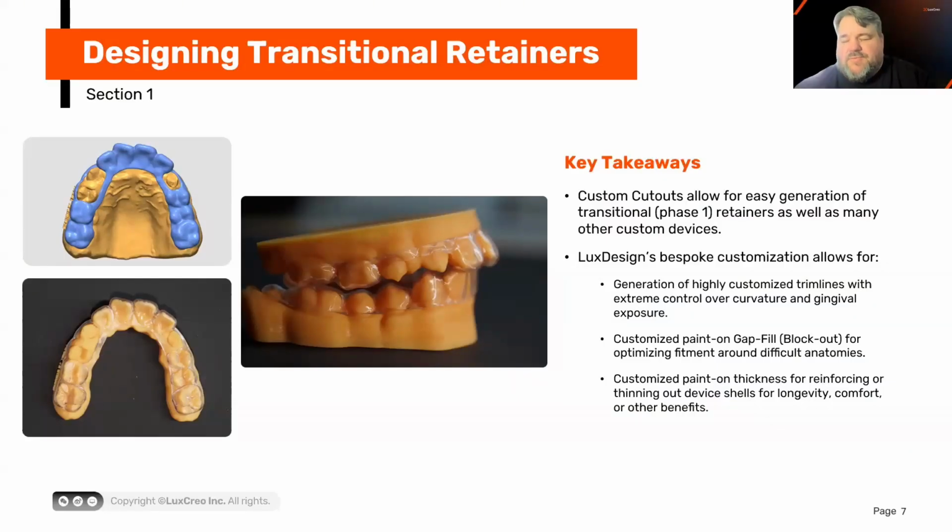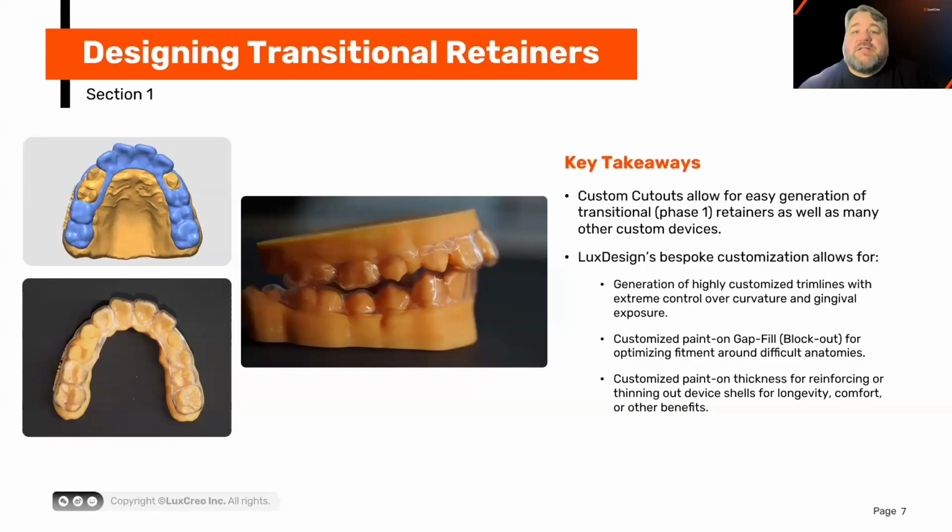Raj, really great overview and a fantastic example. Custom cutouts allow for easy generation of transitional retainers, phase one transitional retainers, as well as other custom devices like sling elastics or periostents.